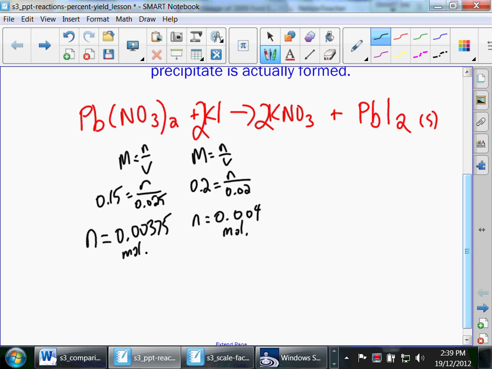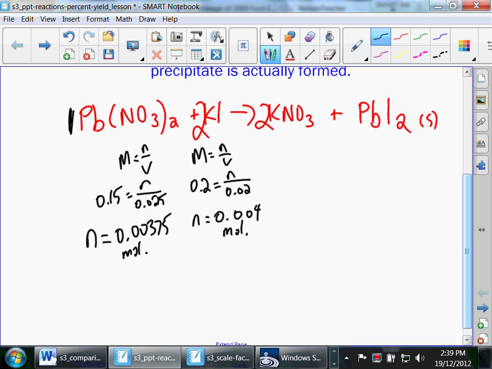Now, here's the thing. Obviously, there's more of this than this, but according to our molar ratios, we have 1 here, and we have 2 here. So in other words, whatever we have of this, we should have twice of that. And quite frankly, we don't. Because we don't have twice of the lead nitrate, we're going to run out of this first, a lot quicker.